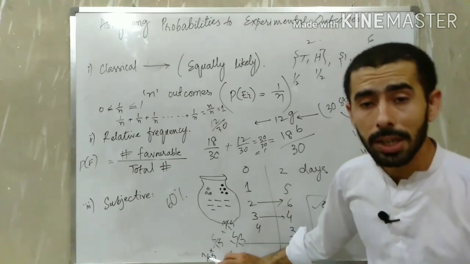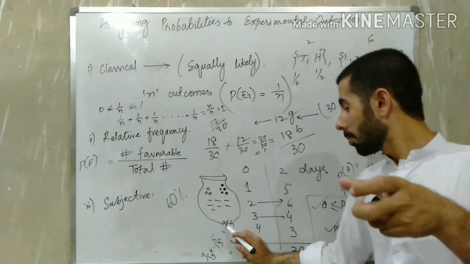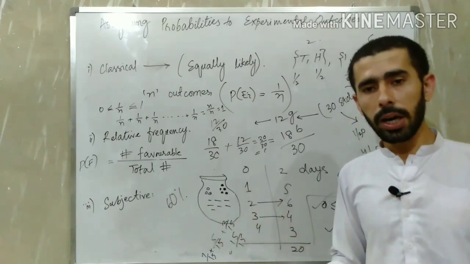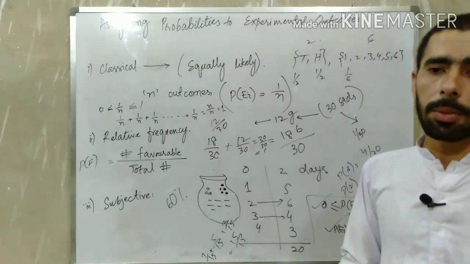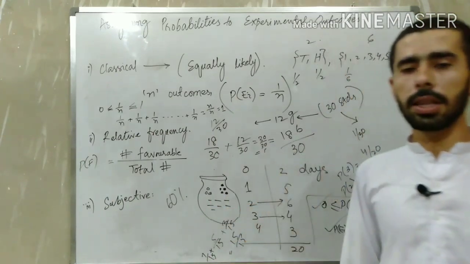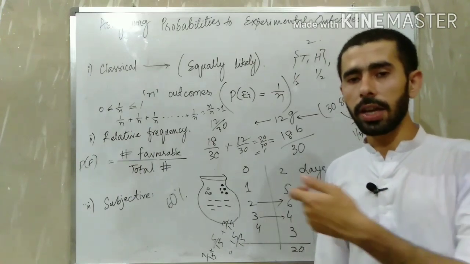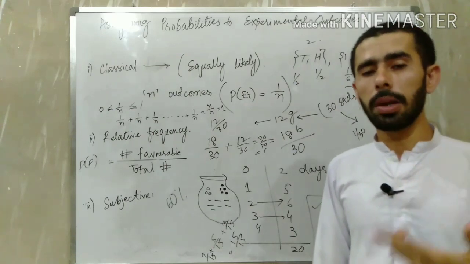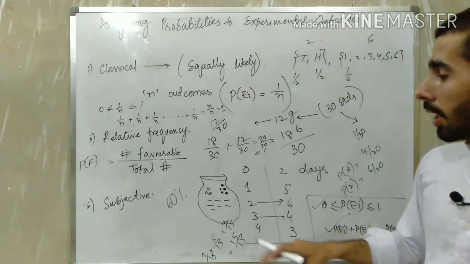Similarly, be it 7 by 15, 5 by 15, or 3 by 15, all those fractions are less than 1 and greater than 0, and the 0 probability would be for an impossible event. If I ask what the chances are that a randomly picked marble would be green, there cannot be any chance of getting a green marble out of the jar. That jar contains only white, black and blue marbles, so getting green would be an impossible event.